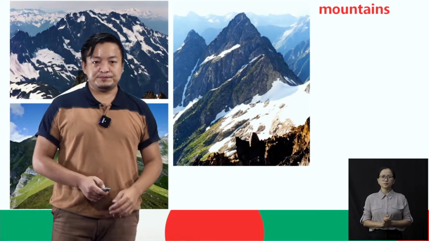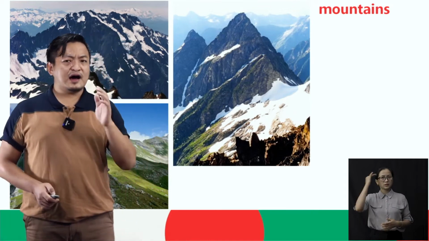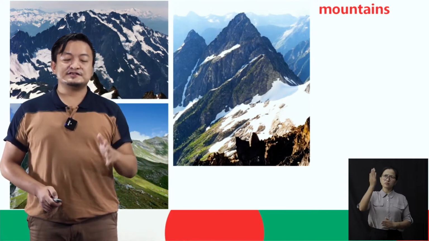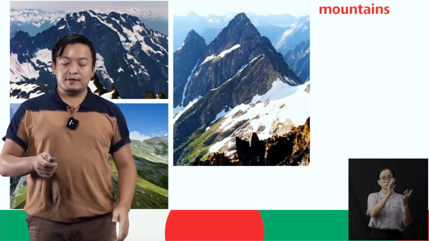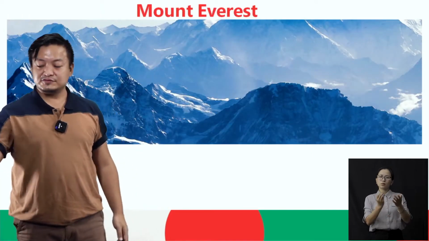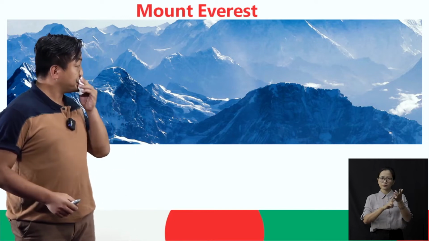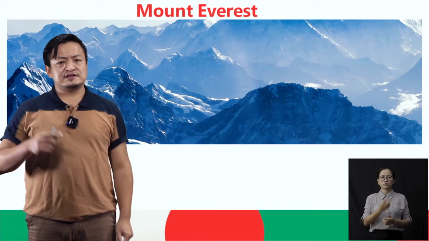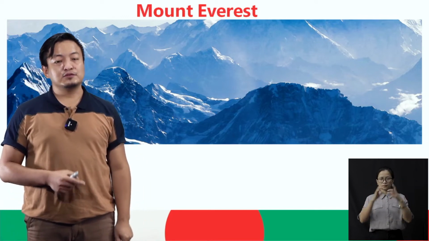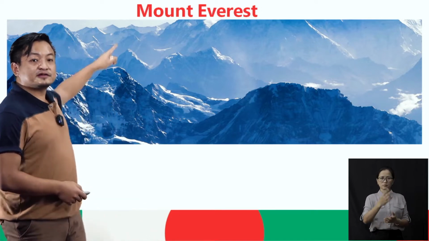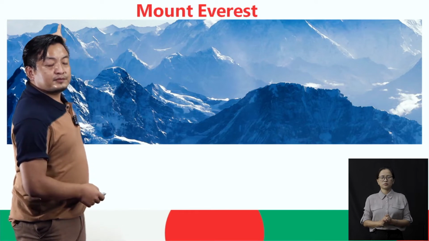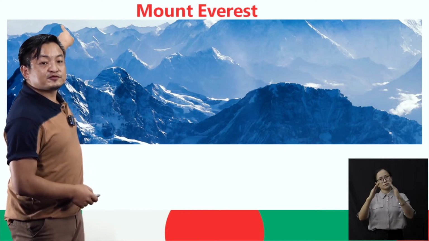Now students, do you know the highest mountain peak in the world? It is Mount Everest. So you can see here. Mount Everest is the highest mountain peak in the world. So students, you can see here, the top of this mountain is called the peak.